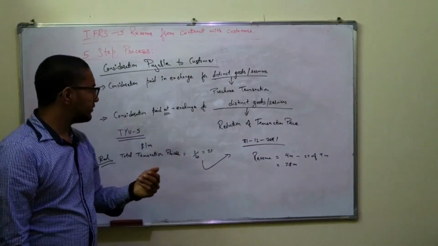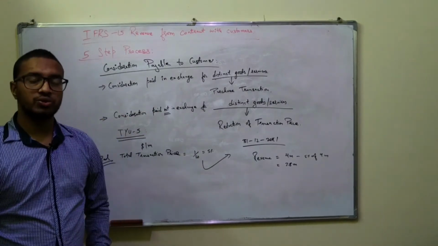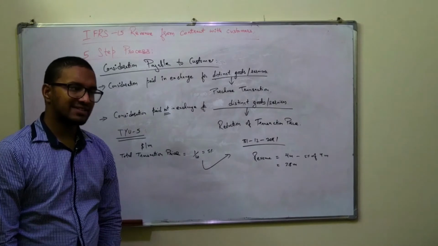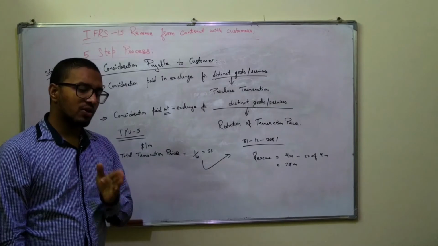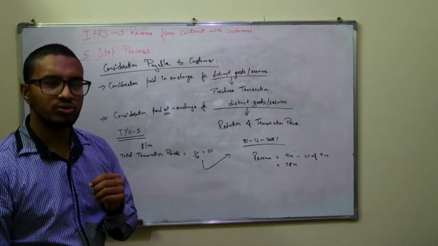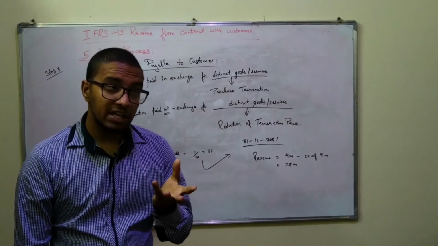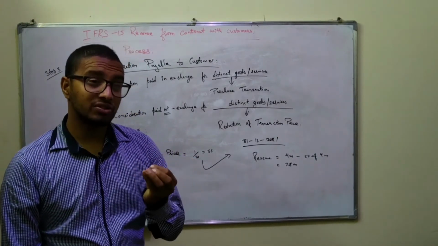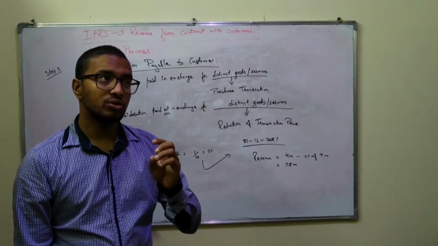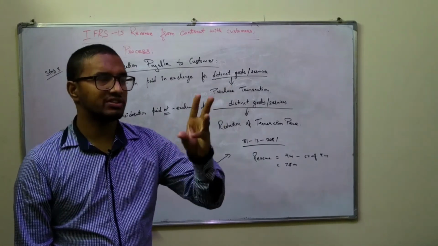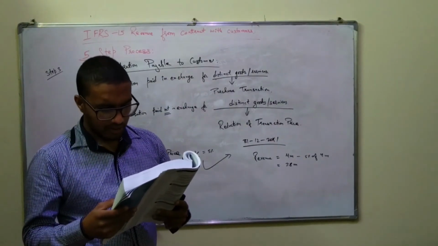If you look at the example in your book, what you would see is that the customer has signed a contract to purchase 20 million of goods, and the supplier company has to pay 1 million, not for distinct goods or services, but for that customer to purchase those goods or services. Suppose that customer has to do some redecoration.